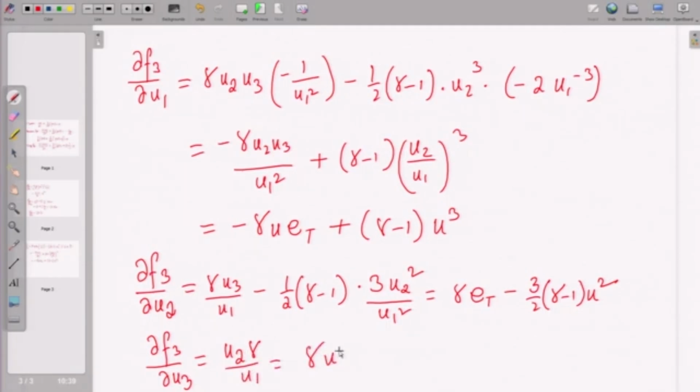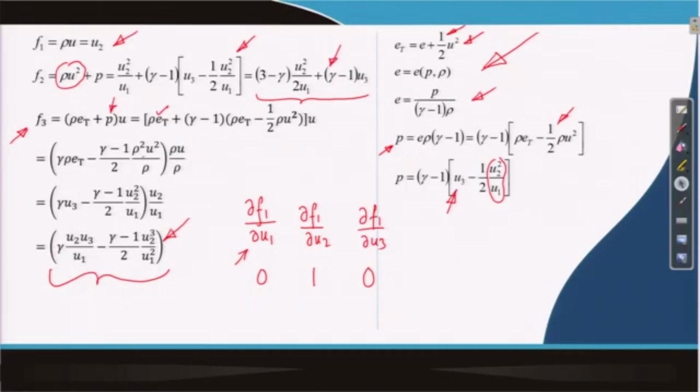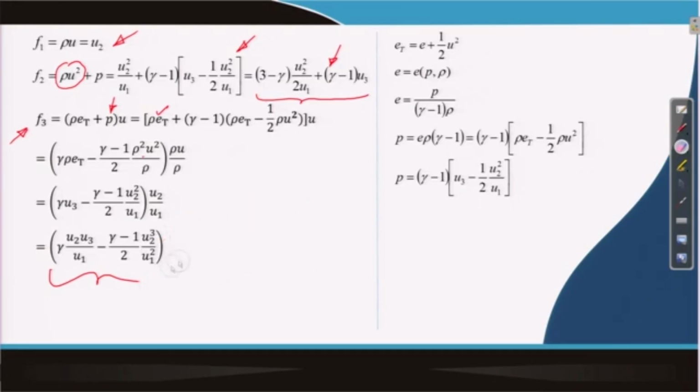So, we have filled all the different components of the Jacobian matrix in this manner. There are of course, alternative ways also to express these terms, where we bring in say enthalpy.